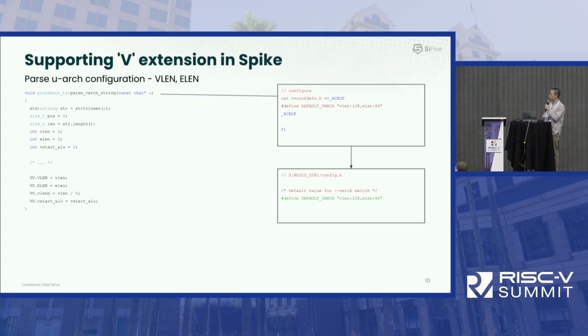And this is identical to specifying the single letter V in the ISA string to the compiler, which would imply Zve64d and Zvl128b. And as aforementioned, you can configure them through the --varch option.